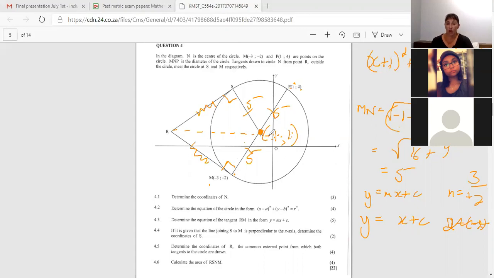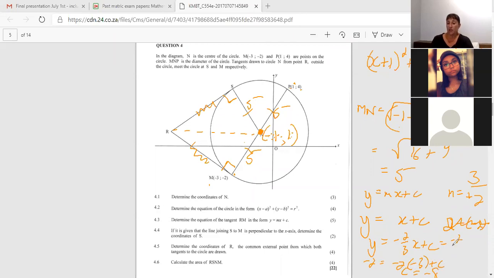Okay, the gradient of that is that. So the gradient of MR would be the opposite. So minus 2 over 3x plus c, and then sub in the minus 3, minus 2. That's 6 minus 2, minus 6 is minus 8.